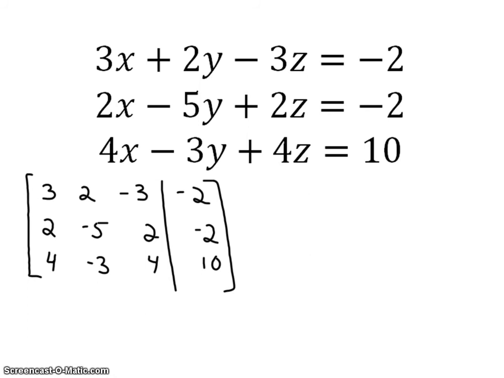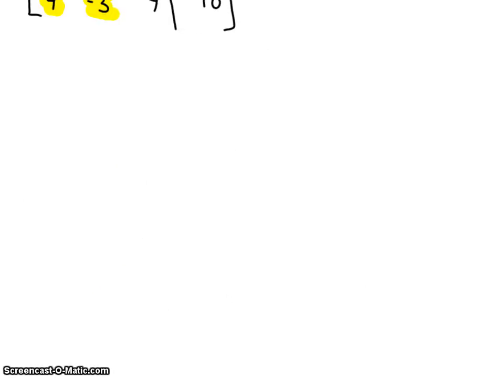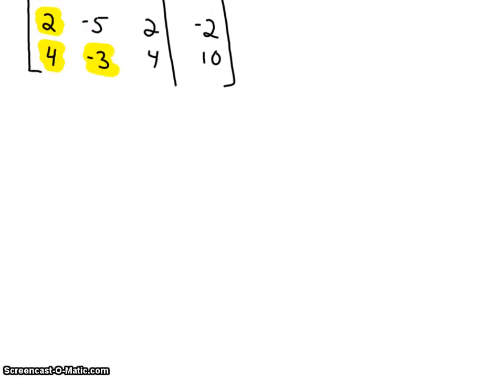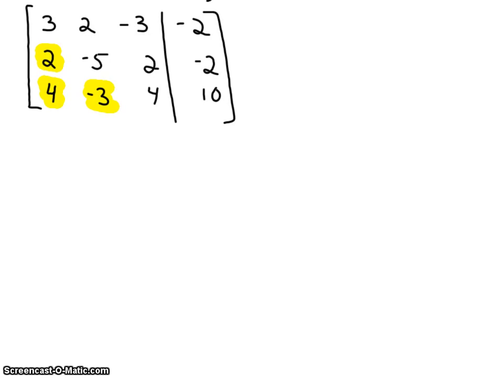And then the last column on the other side of that line that I drew are the constants on the other side. Okay, so the order I like to do this in is to first try to get a 0 here. Second, try to get a 0 here. Third, try to get a 0 here. So you do it in that order.